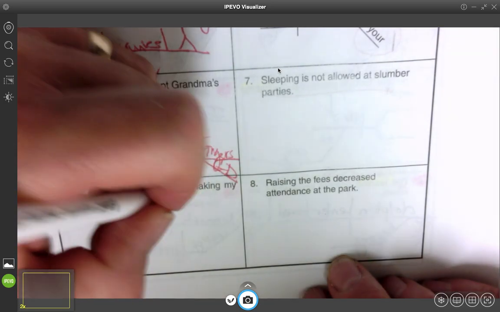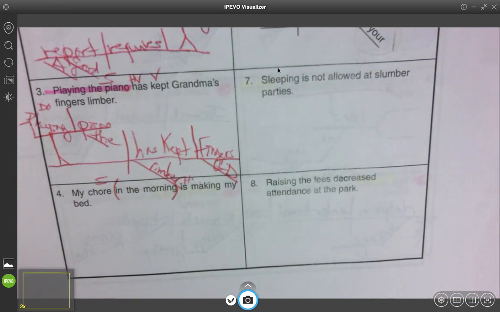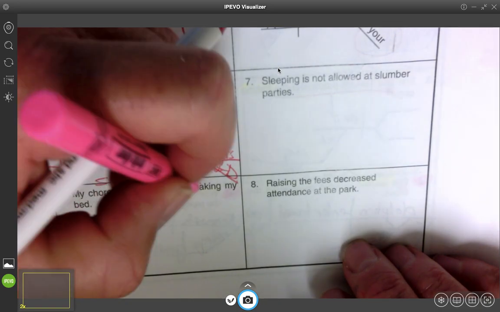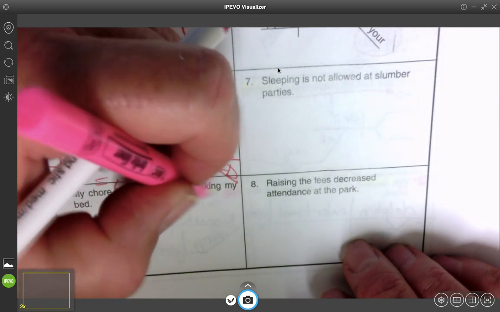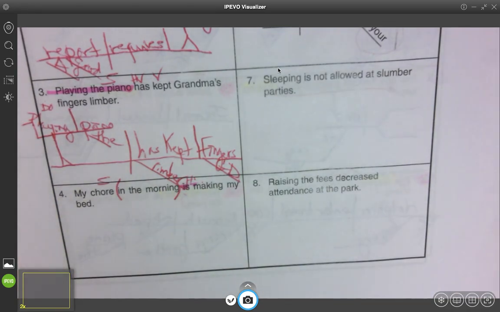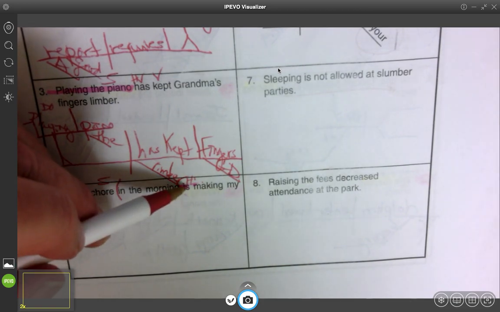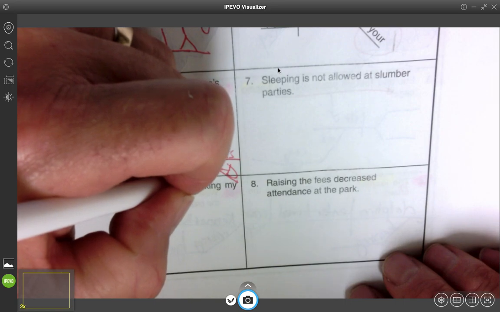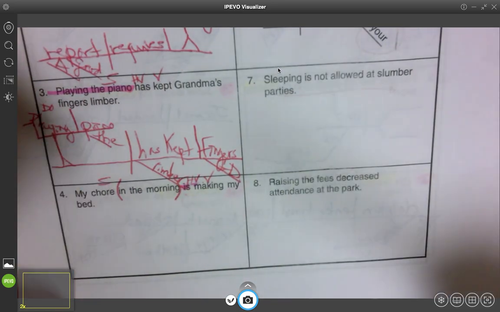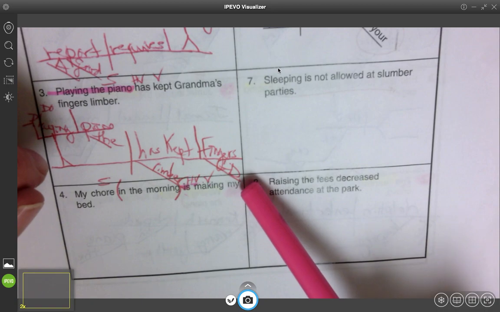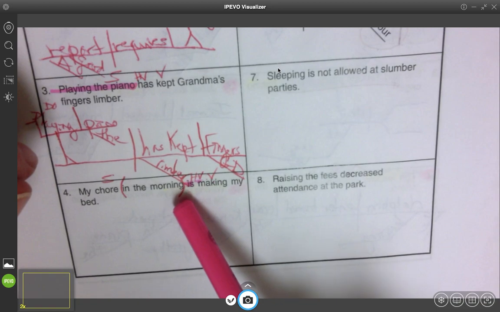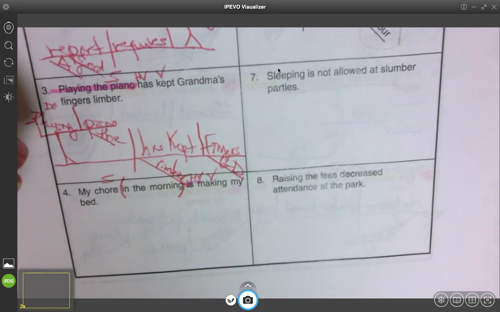How do I know what the difference is between the helping verb, or if it's a linking verb, and the object? Is there one there? Well, I would know from my past sentences that is making would be an example of a participle verb. Is making. My chore in the morning is making my bed.